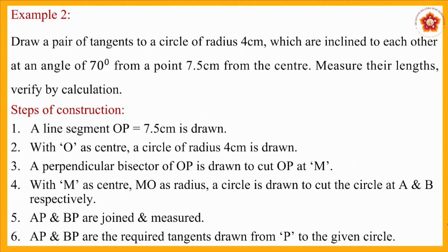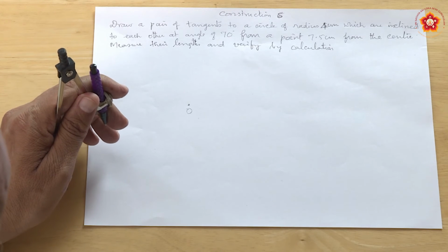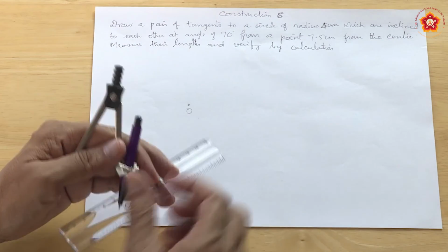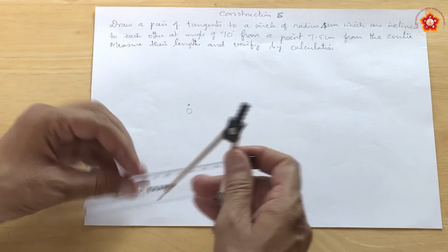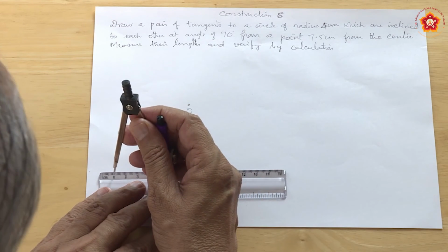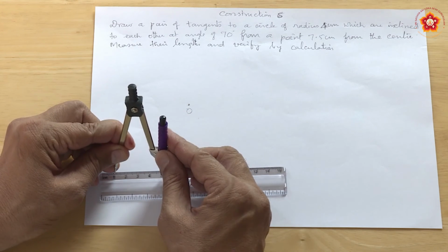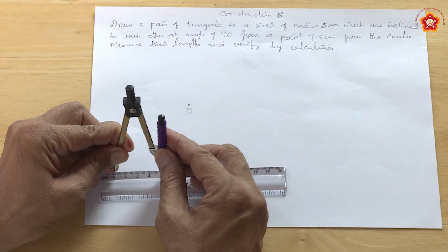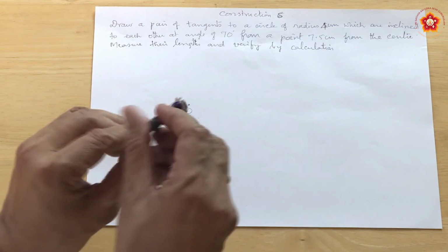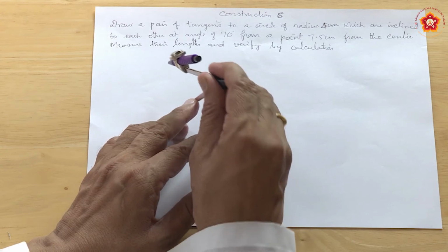So, first thing is construct a circle of radius 4 centimeters. Here you use the word called radius. What is radius? Distance between the center and the circumference. The plural of that is called radii. You can have any number of radii for a given circle, right.